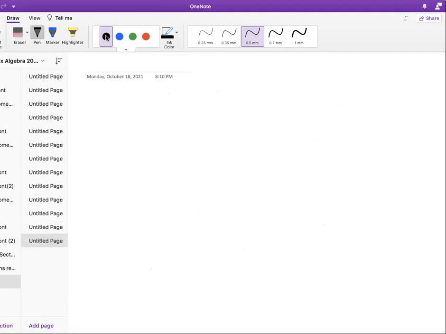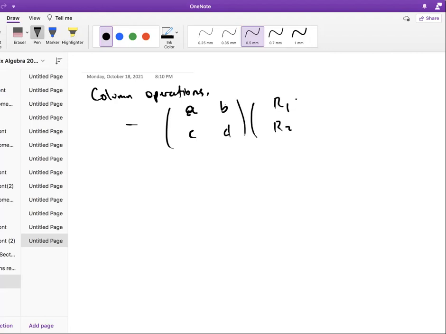All right, so to finish off, we just have a few minutes, but I want to talk about other types, column operations. First of all, when we talked about row operations, we used this idea, so that we can talk about a matrix as a column of rows.